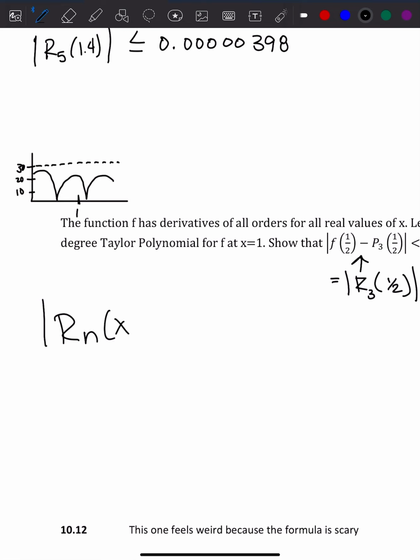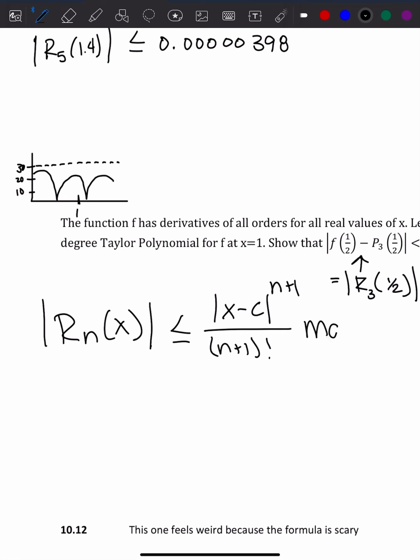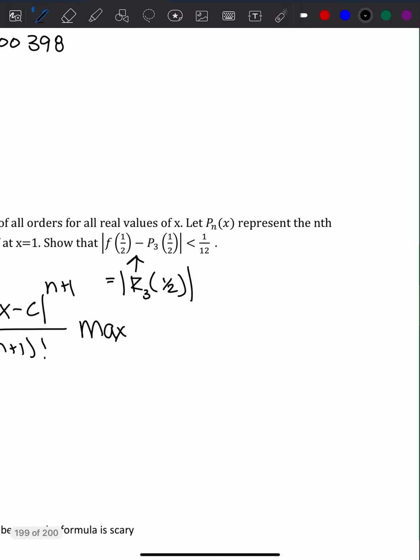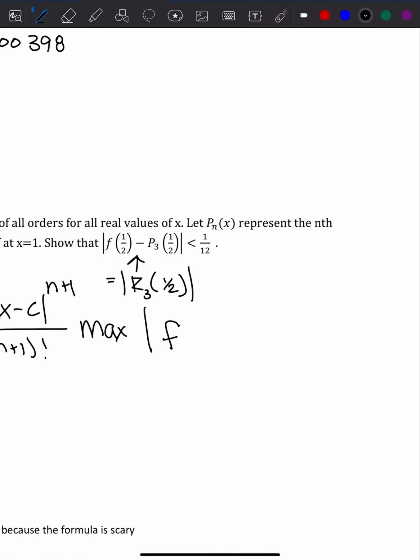So r sub n of x is less than or equal to the absolute value of x minus c to the n plus 1 divided by n plus 1 factorial times the max of f of n plus 1 of z.